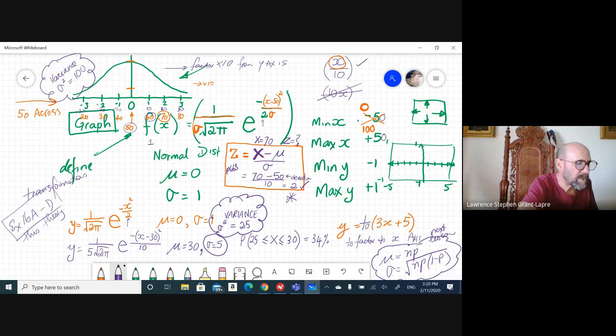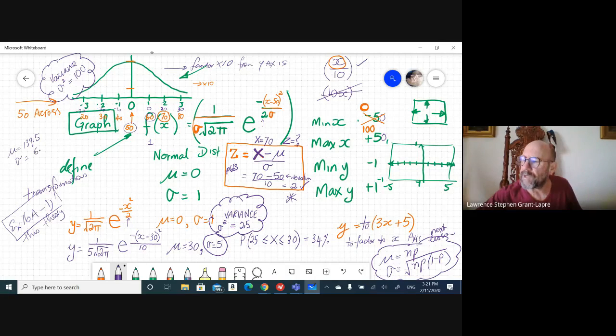And you might recall a question in one of the tests, and it said this. Let the random variable X be normally distributed with a mean of 139.5 and a standard deviation of 6.2.